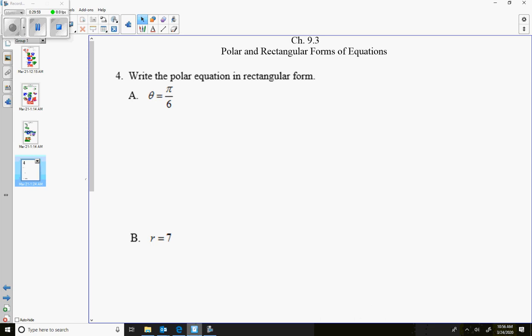So, theta equals pi over 6. What are we going to do? Take the tangent of both sides. So tangent of theta equals the tangent of pi over 6.